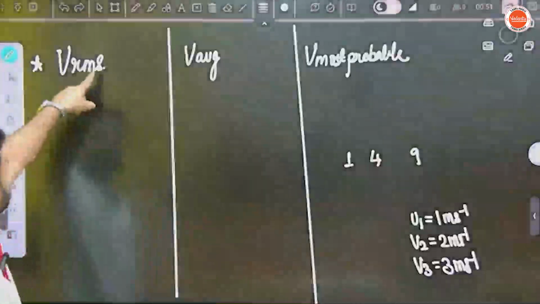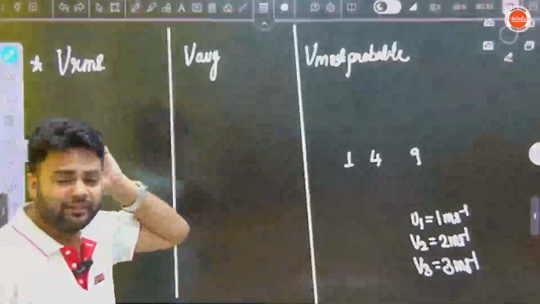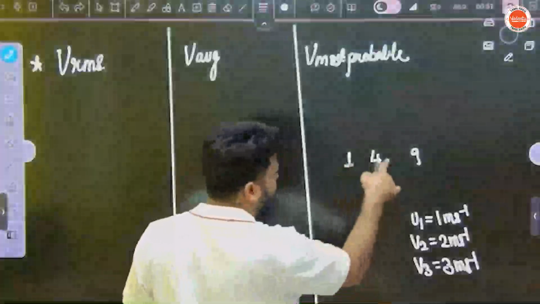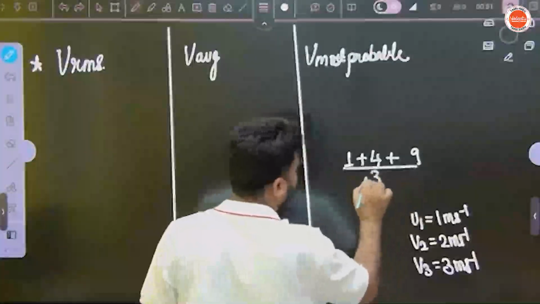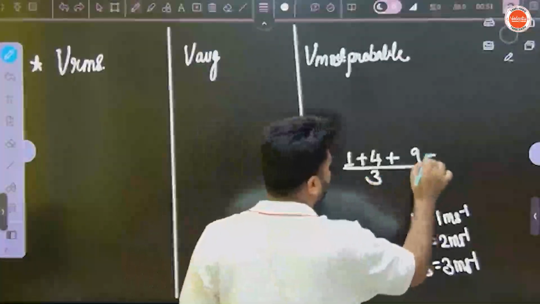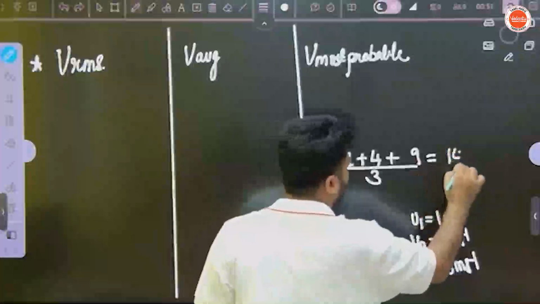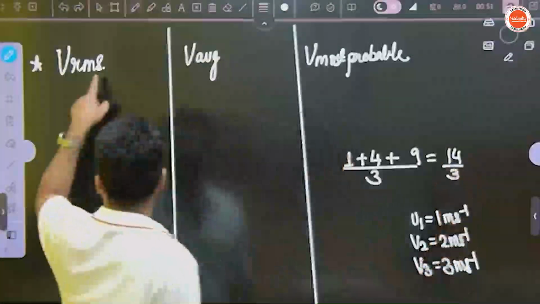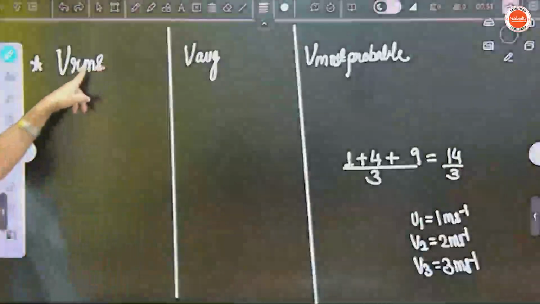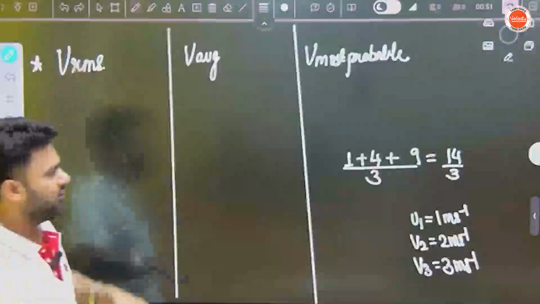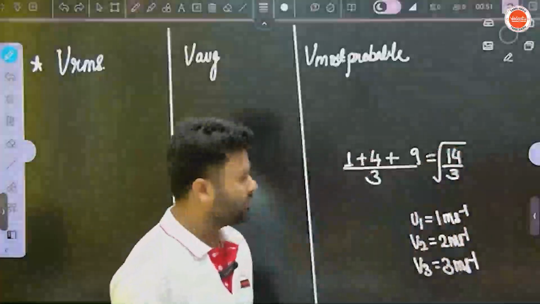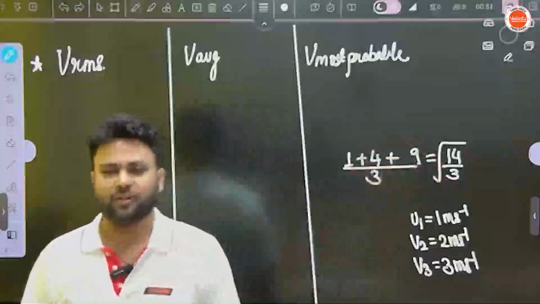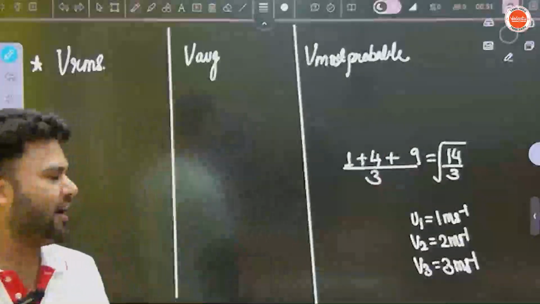So first we did the square, then we will find the mean, meaning average. How do we find the average of these 3 numbers? 1 plus 4 plus 9 divided by 3. So 9 plus 4 is 13, plus 1 is 14, by 3. So the square we calculated, the mean we have done. Then we have to find the root. So this is the RMS velocity. Understood? This is the RMS velocity.